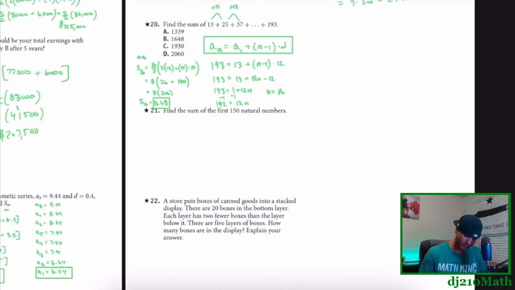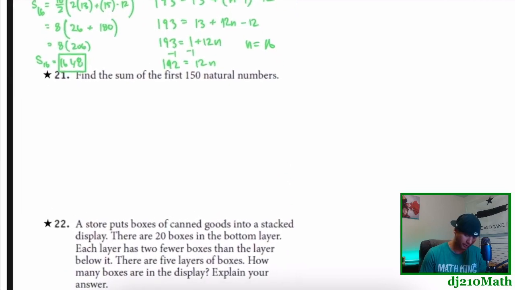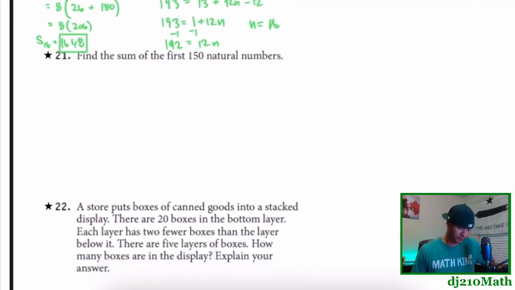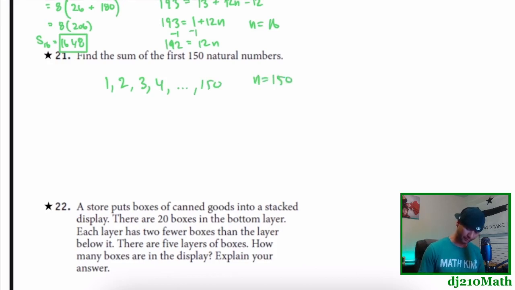21. Last two. Right under an hour. Let's go. Find the sum of the first 150 natural numbers. Okay, so natural numbers are 1, 2, 3, 4, up to 150. So n is equal to 150.